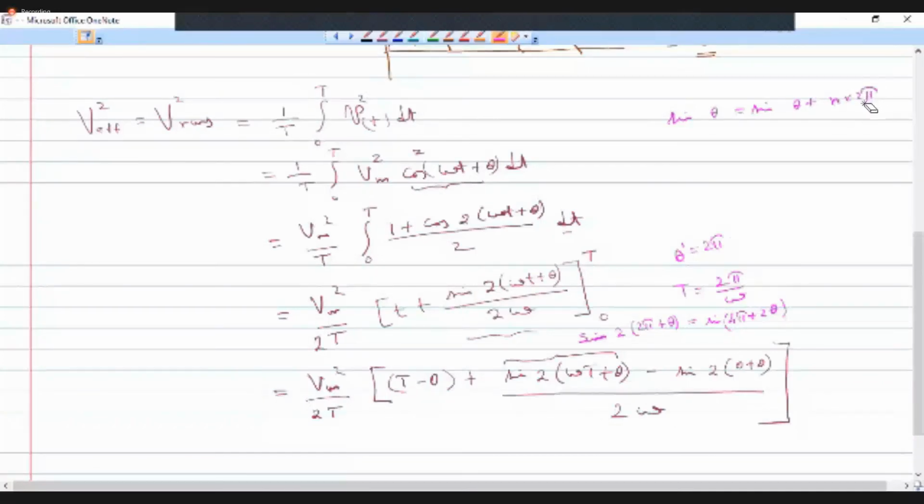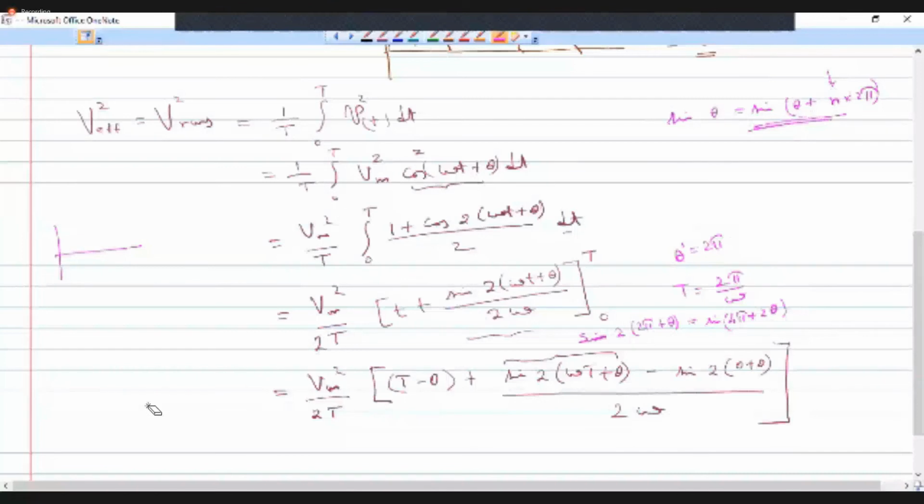However many times you add this 2 pi, it will again yield the same value. That is the meaning of a periodic function. However you shift, whatever distance you travel along this axis, it is going to be periodic. That is the meaning of this n, where n is an integer.